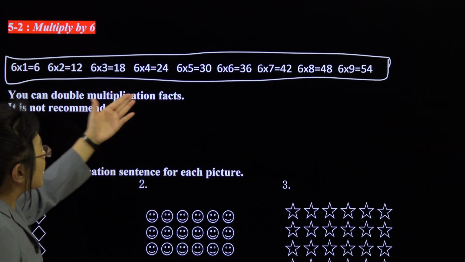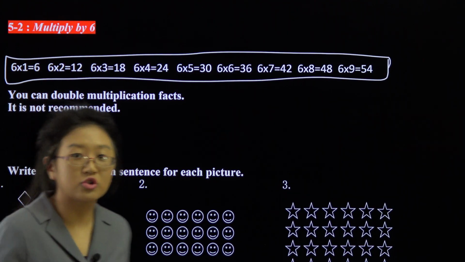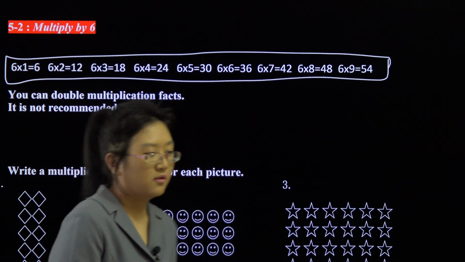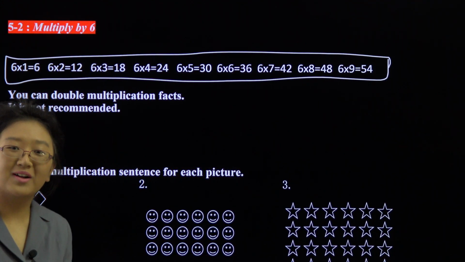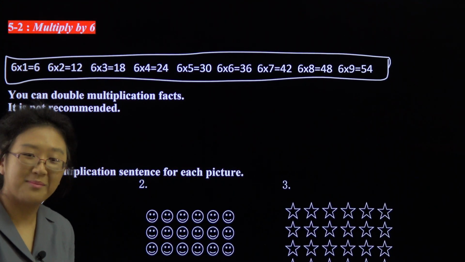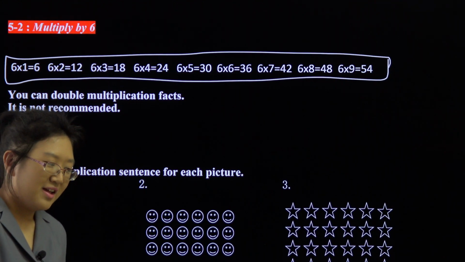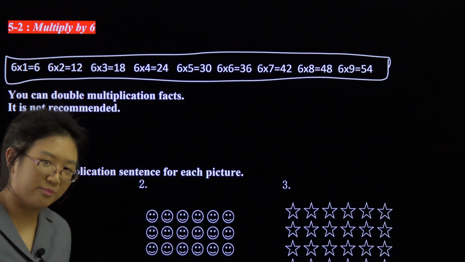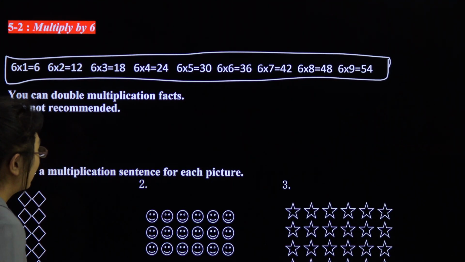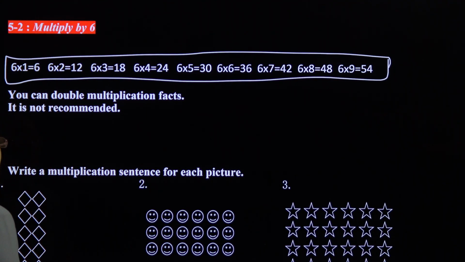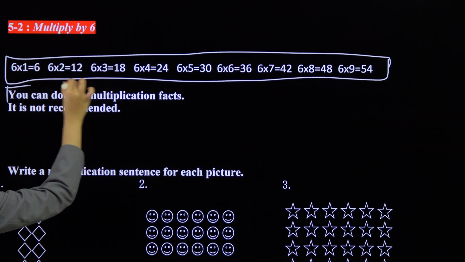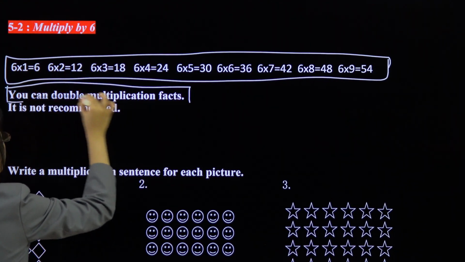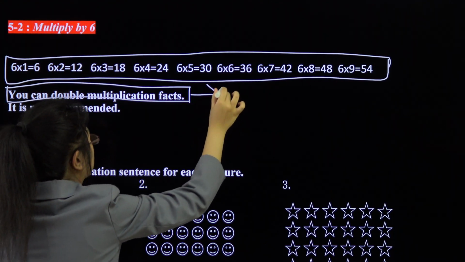But honestly, if it's on the multiplication table, you should remember it. Because if you don't remember your multiplication table, things are going to go badly in the future. But of course, if you want to double multiplication facts, use them for large numbers.